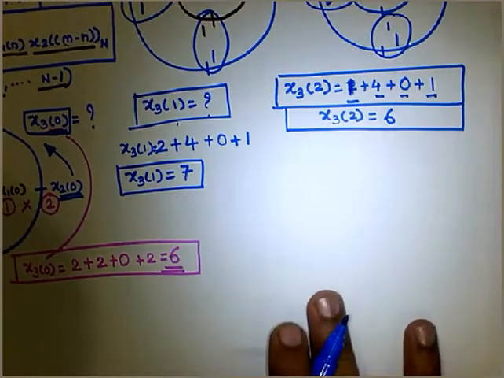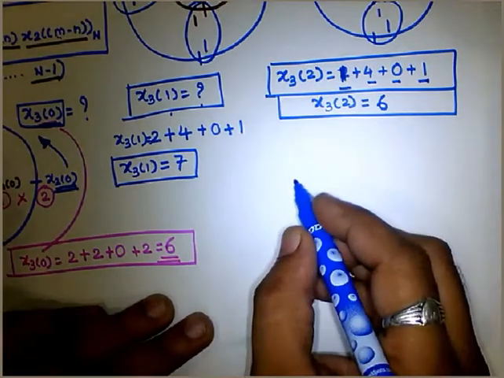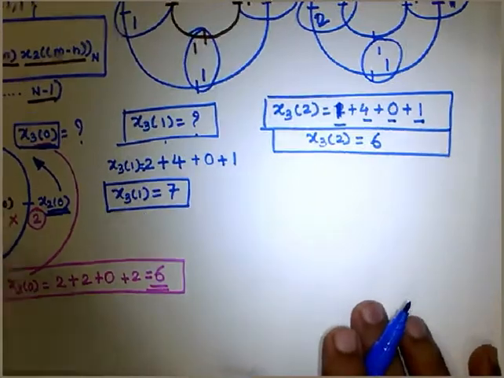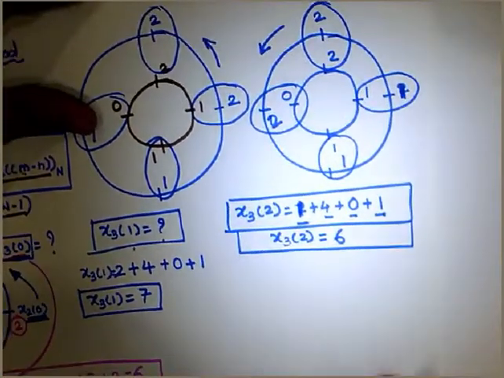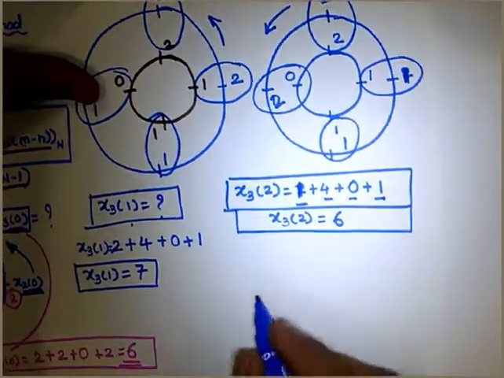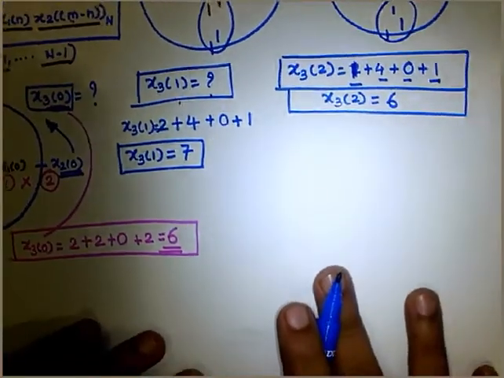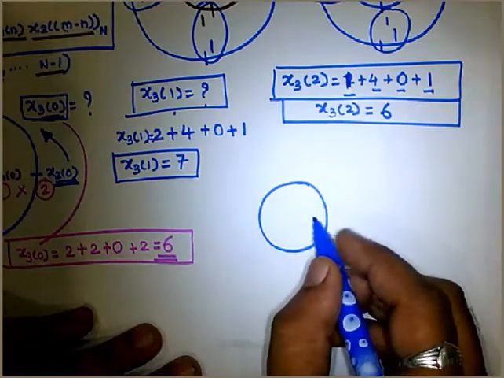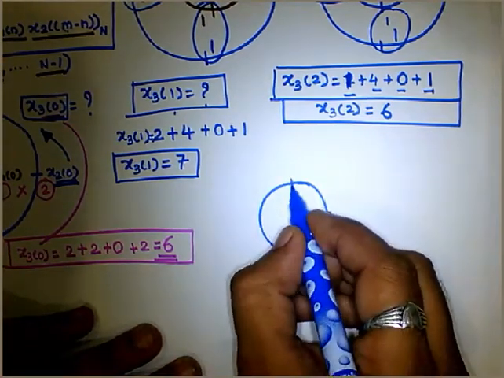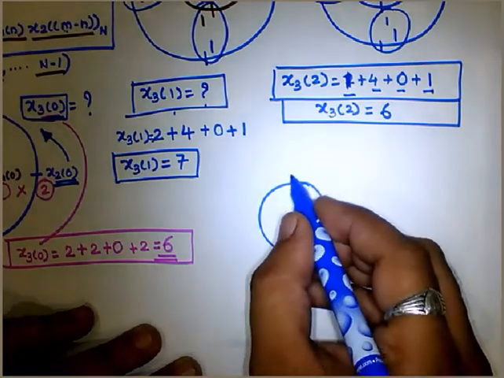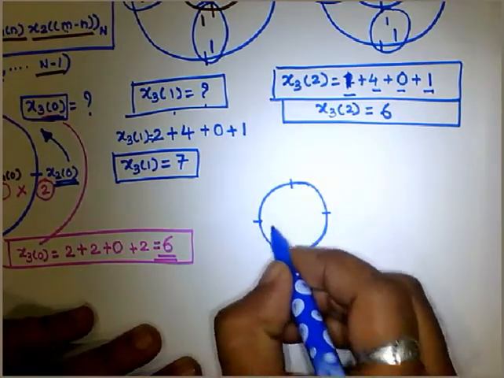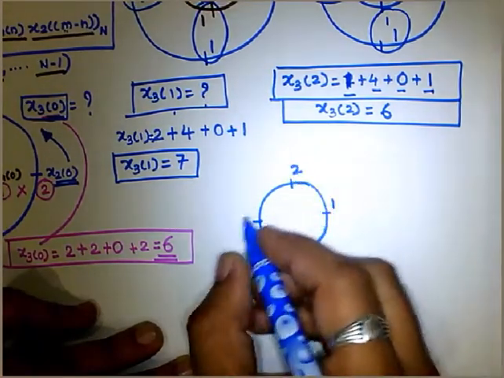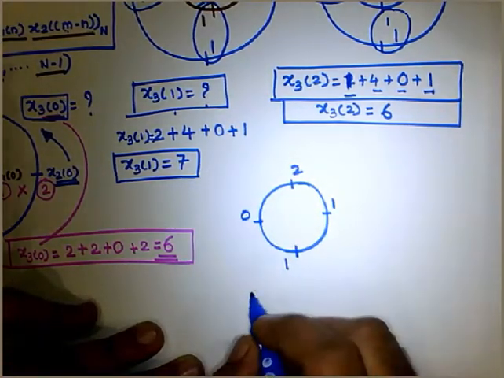Next we will find it for x3 of 3. For x3 of 3, whatever circle we have right now, just delay it by 1. The inner circle will be as it is. So let's write it down: this is x1 of 0, then x1 of 1, then 2 and 3. So this is 1, 2, 0, 1, as it is.